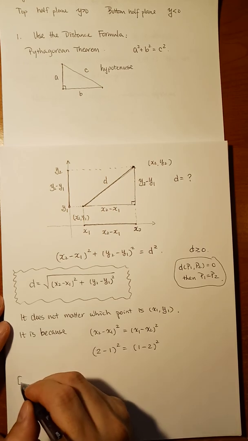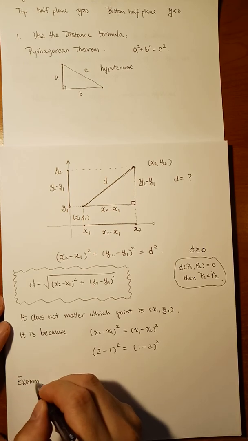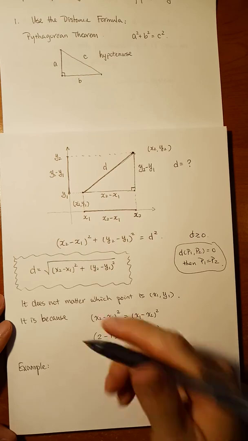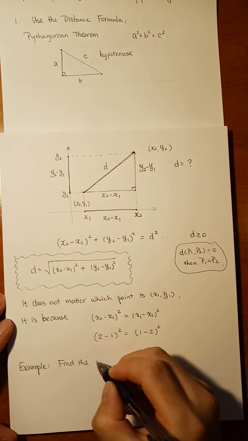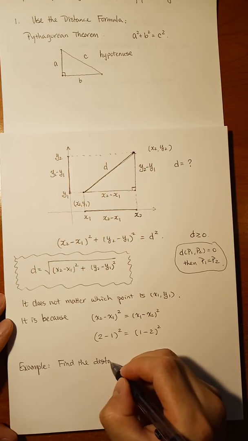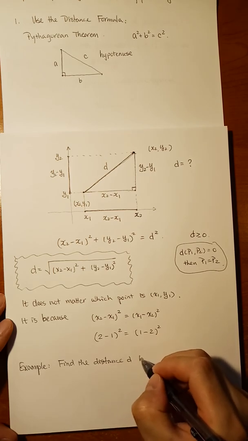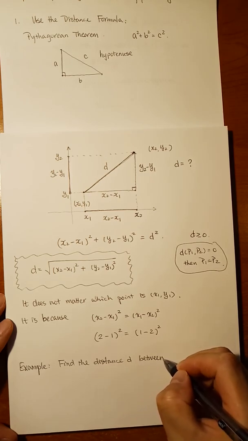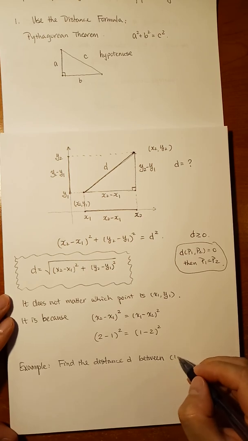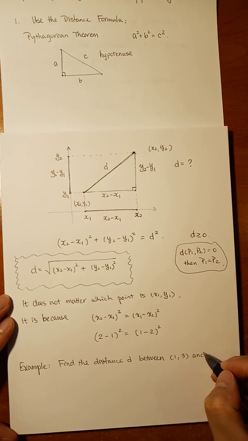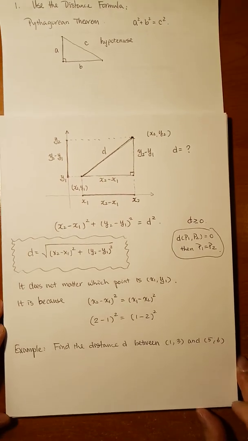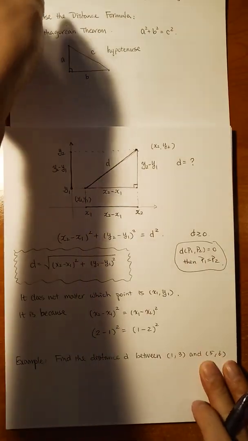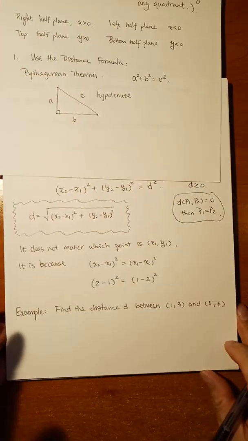All right, so example. Assume we have 2 points. Find the distance between 2 points, (1, 3) and (5, 6). Okay, we're looking for the distance of this pair, (1, 3) and (5, 6).